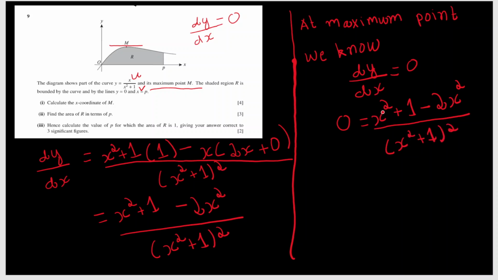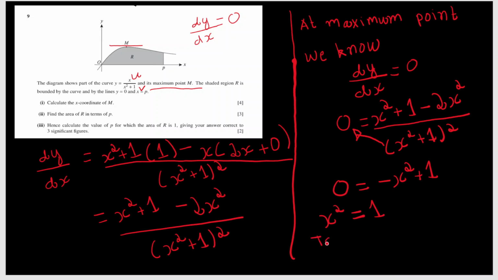We know that x square minus 2x square is going to give us minus x square plus 1, and we are just going to multiply this over here, and we're going to get 0 is equal to 0. Just bring minus x square over here, we are going to be left with x square is equal to 1.